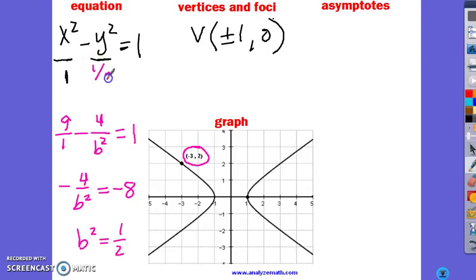So a 1/2 goes down there, which is kind of weird. That means, how far up and down does the box go? Remember, we'd actually have to do the square root of 1/2, which is about 0.7. So the box goes up to the square root of 1/2 and down to the negative square root of 1/2.